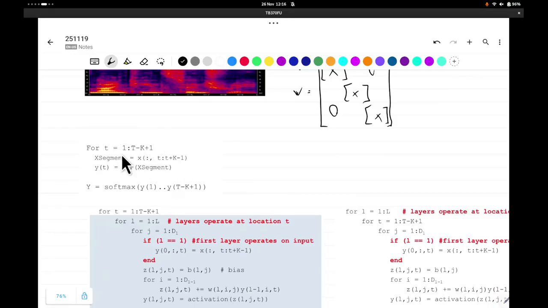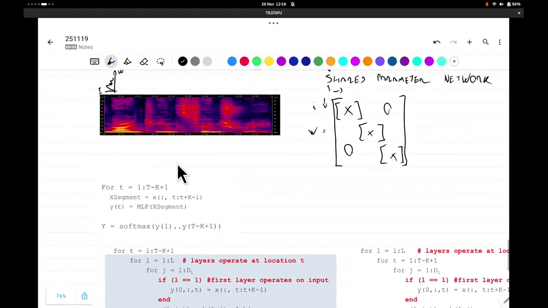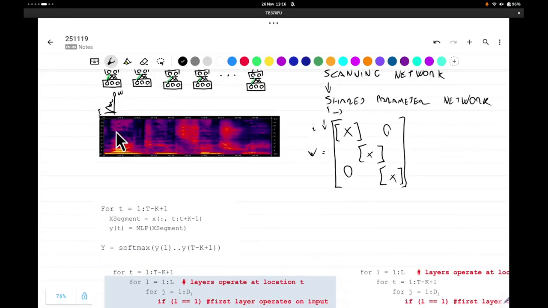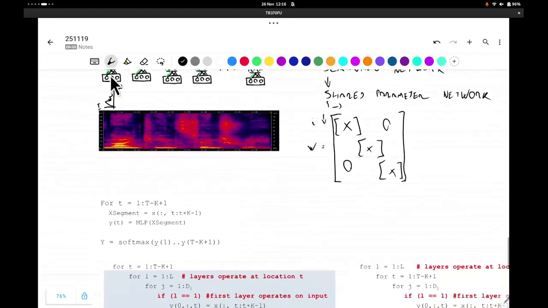So the window is here. You pass to the multi-layer perceptron an input that goes between time t and time t plus k. So this is the size of the window, right? So you give the input to this sub-network here.